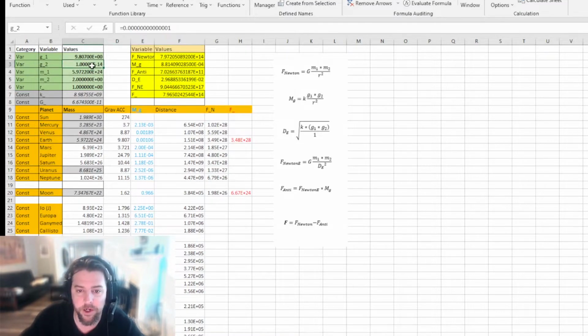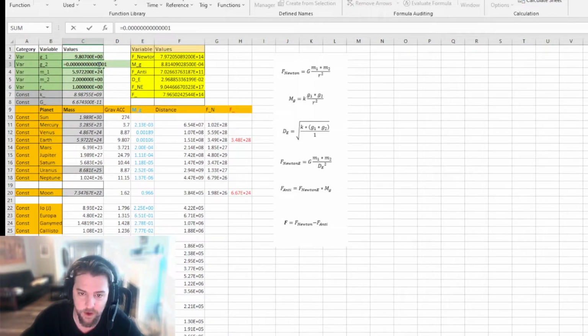So we calculated. We have an object on the Earth, 9.807, and there's the weight of the Earth. And then the weight of this object is just 2 kilograms, very, very small, and the radius is just 1 kilometer, whatever that would be.